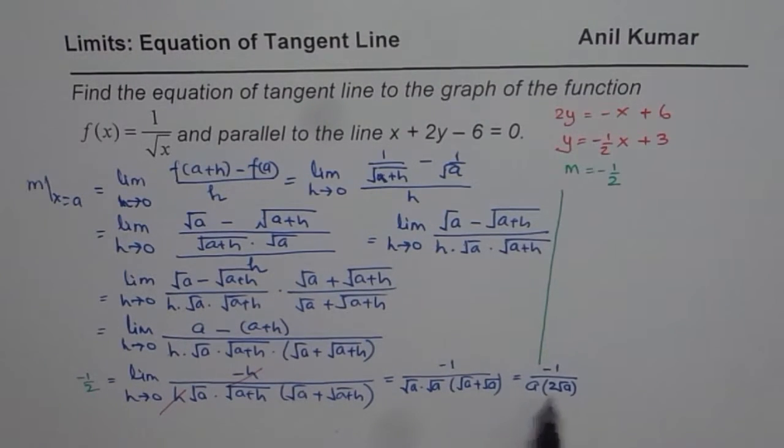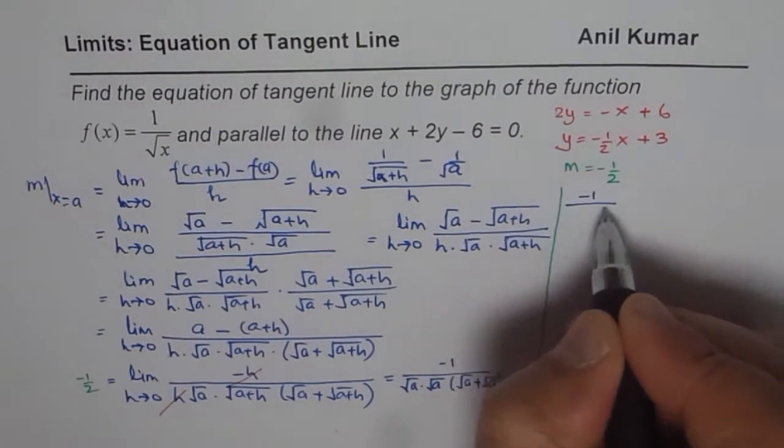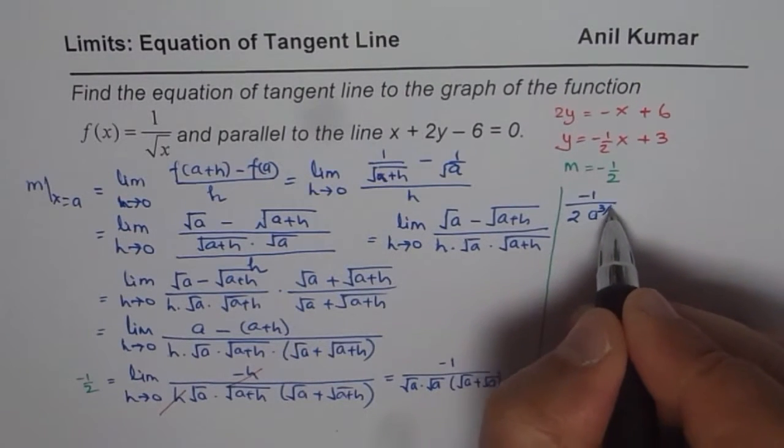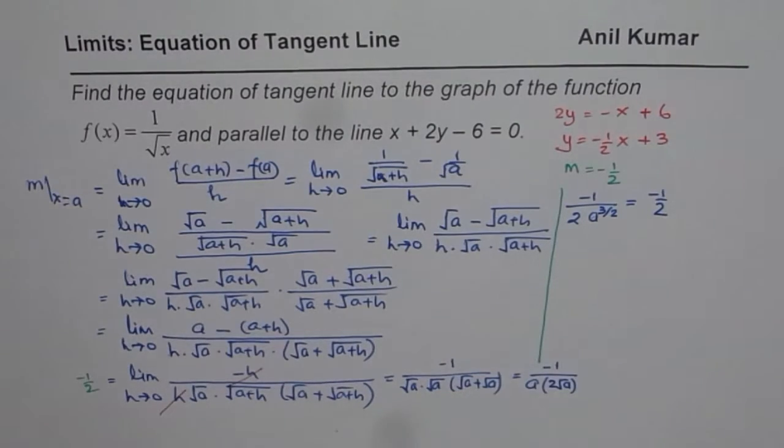The slope of the line should be minus half, and in general the slope is minus 1 over 2 a to the power of 3 over 2. Do you see that? That is in the denominator. That should equal minus half, correct?